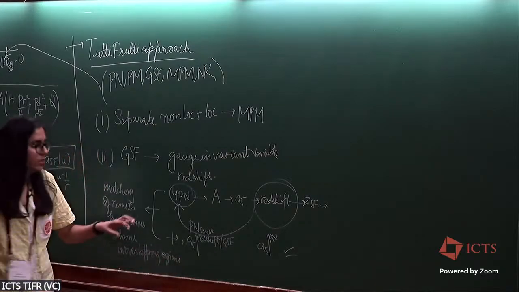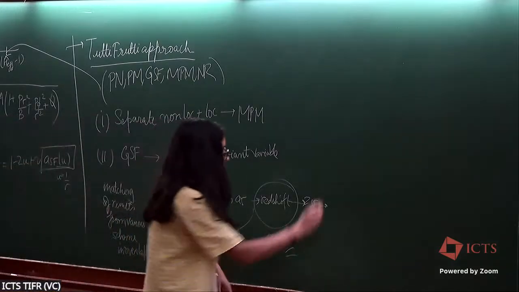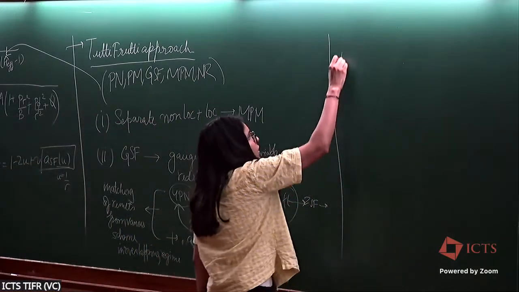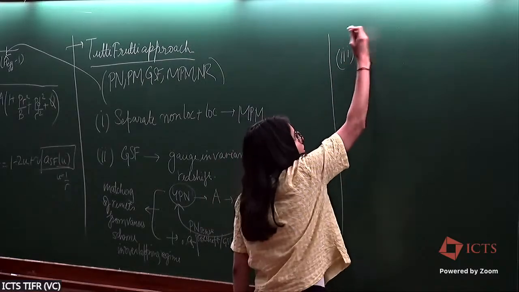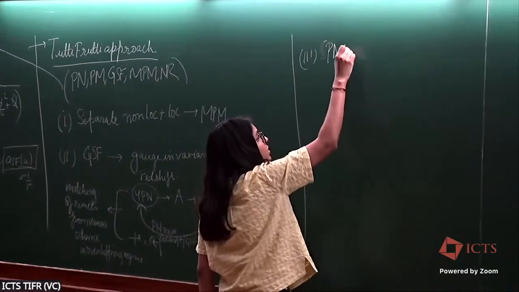To precisely know what we are computing is exact or not. The third step that we didn't discuss yesterday was scattering, or let's say the PM computations.